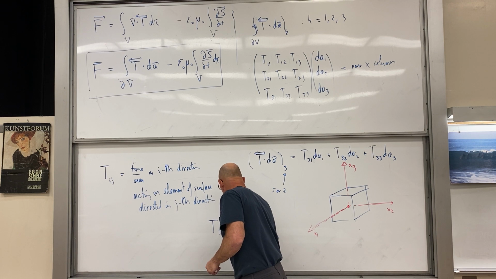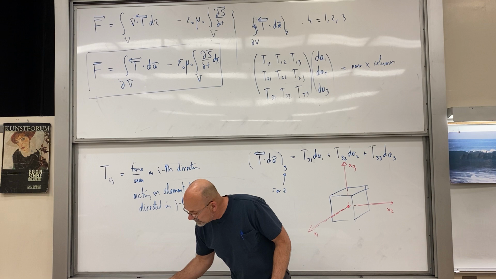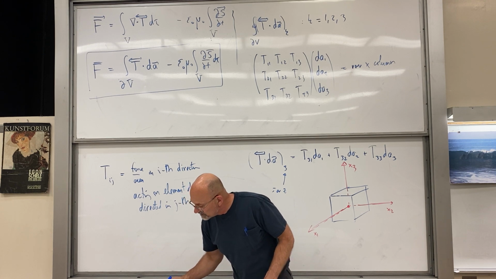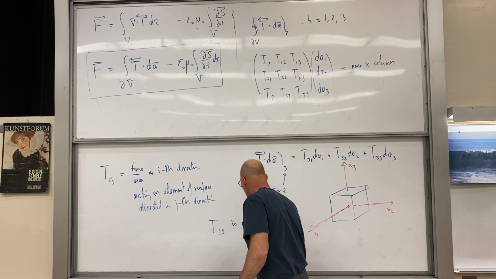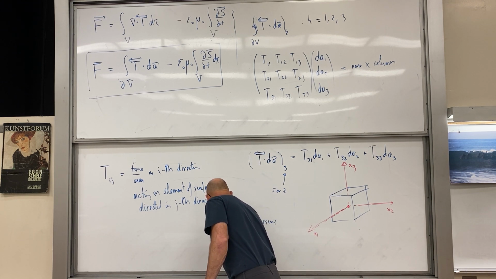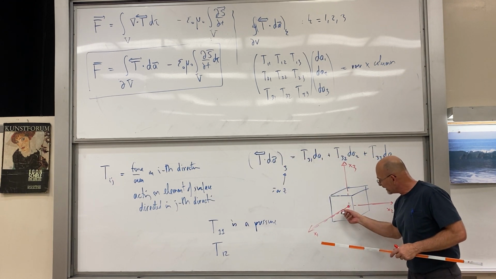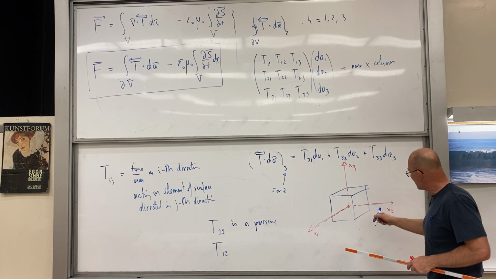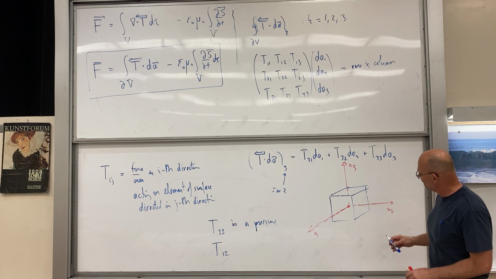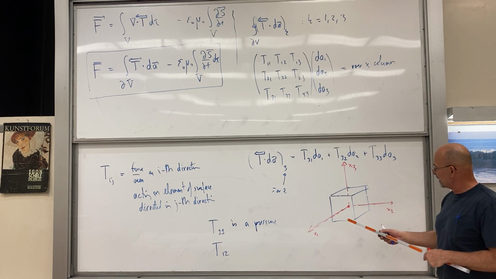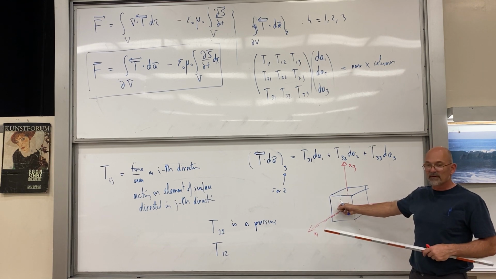T11, what are we calling that? A pressure. Now let's look at T12. Okay. So T1 is still directed in the X1 direction, but it's acting on the 2 face. Okay, which means it's a shear. Right. So back to this one here was a pressure acting in the direction of this front face here.